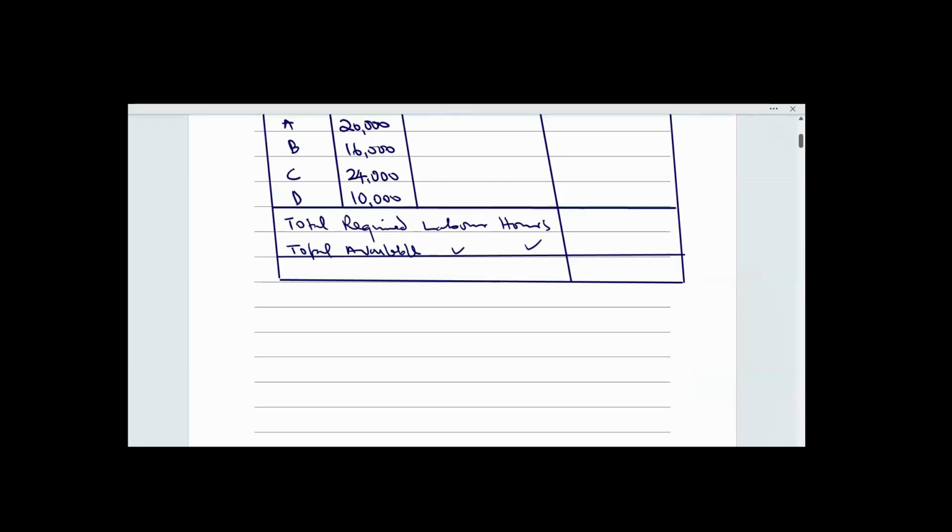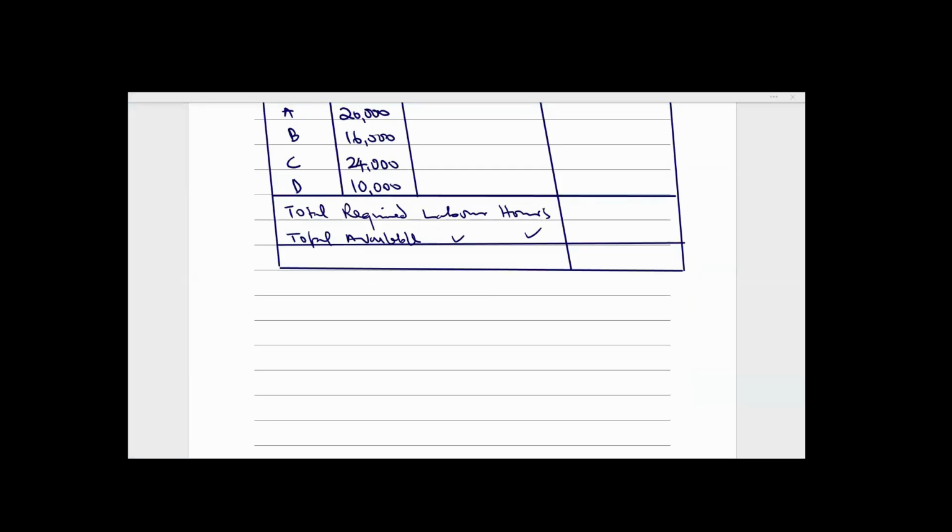So we are going to use the labor cost and the labor rate to determine the labor hour. Therefore, note, labor hour is equal to labor cost per unit divided by labor rate.